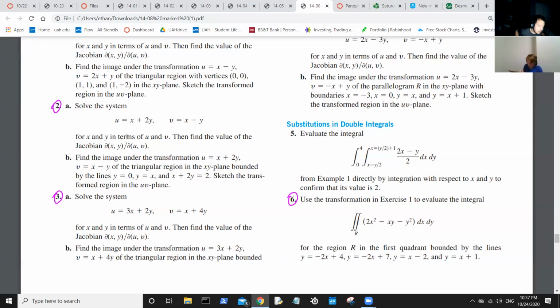Okay, I remember. So here's how you do this. You set up your determinant, which is the partial of x with respect to partial u, then the partial of x with respect to partial v, then partial y with respect to partial u, partial y with respect to partial v. And then you do this across the board.